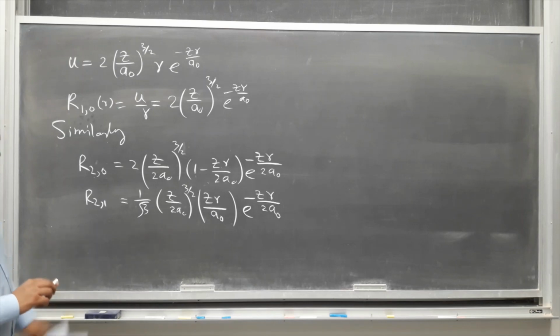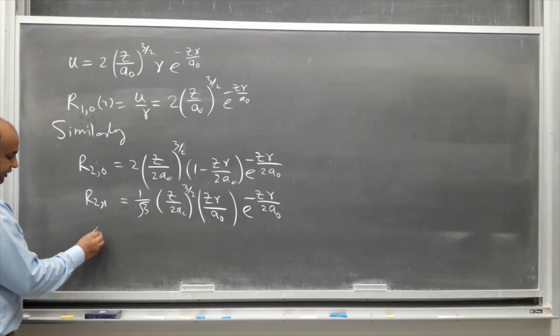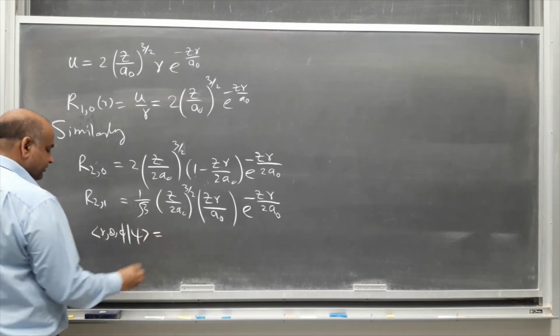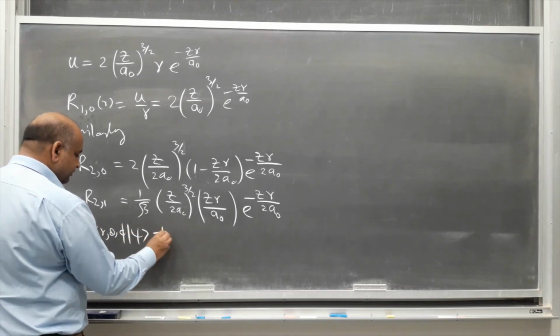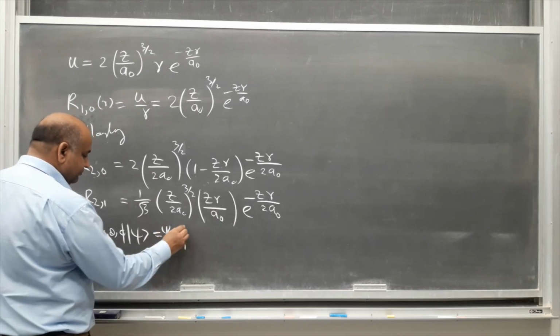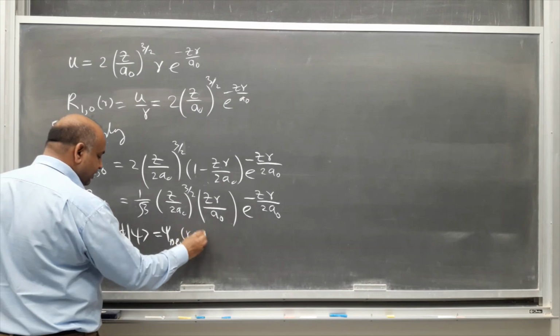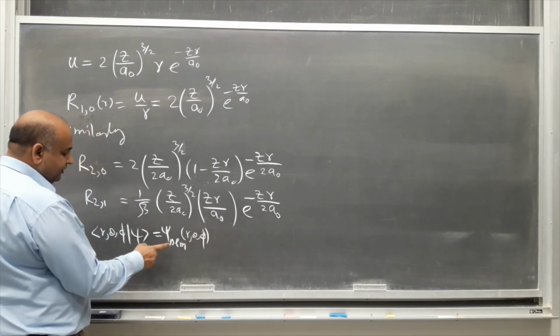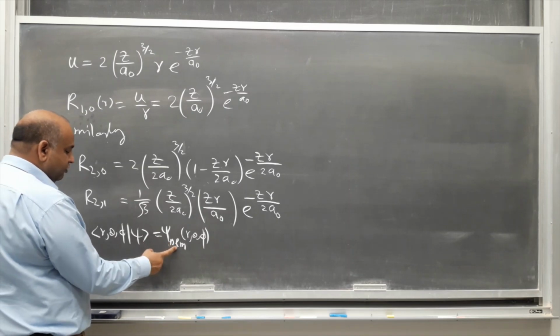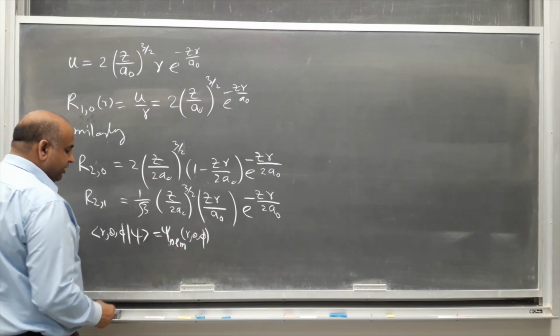However, I just want to remind you that our complete eigenfunction is sometimes written as psi_nlm of r, theta, phi, to remind us that there are 3 indices that label this state: n for energy, L for angular momentum, and M for the z component of angular momentum.